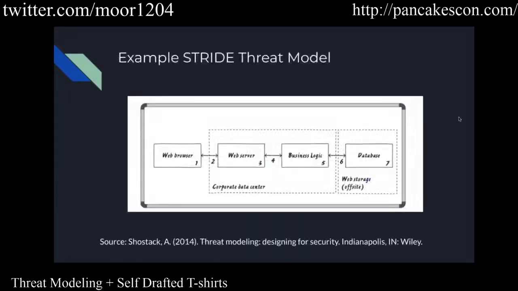So here's a very, very simple network diagram that we're going to use to go through an actual STRIDE threat model. This is obviously an overly simplified service that we've outlined, and this comes from the threat modeling book that Adam Shostack wrote in 2014. It's an excellent resource if you're interested in actually getting really deep into the STRIDE threat model in particular, with lots of interesting resources with regards to brainstorming ways that you can threat model.